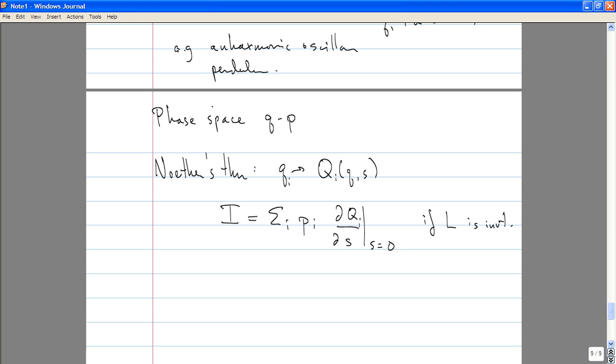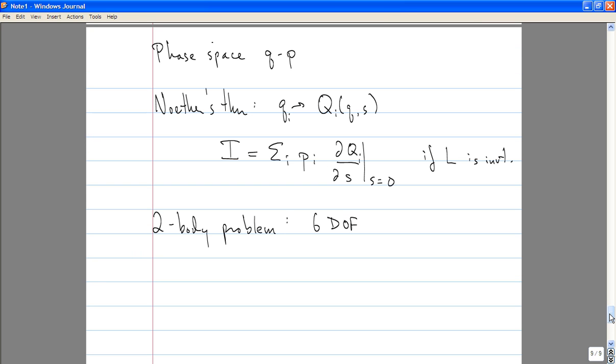A great place to apply this set of insights is to the two-body problem. So here we had two objects which were interacting via a central force potential. So we first reduced the 6 degrees of freedom, which were the two positions of the objects in x, y, and z space. And we used the conservation of total linear momentum to reduce this to a problem involving 3 degrees of freedom.